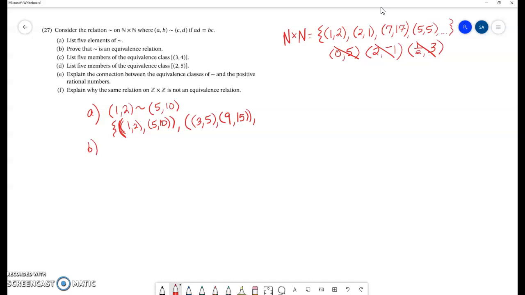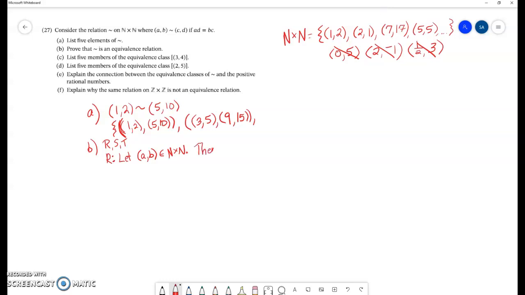Proving it, remember for an equivalence relation, we need RST: reflexive, symmetric, transitive. For reflexive, we're going to pull any possible element from this set right here. Let (a, b) be a member of N cross N. So we're going to pull an arbitrary element from our original set.